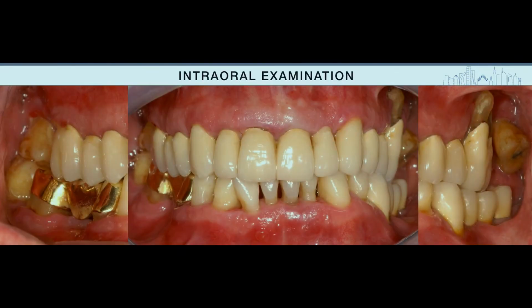As for the intraoral examination, we can see immediately that we have some insufficient restorations in both jaws, upper and lower. We have recessions, so we can assume that there is involved periodontal disease. In the mandible, pus was coming out, and the oral hygiene seems not to be appropriate.